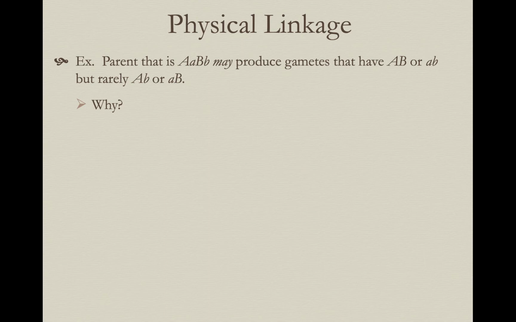Why are they not producing these other combinations? Because if you do your old Punnett square, you think that they should be able to produce all of these combinations.